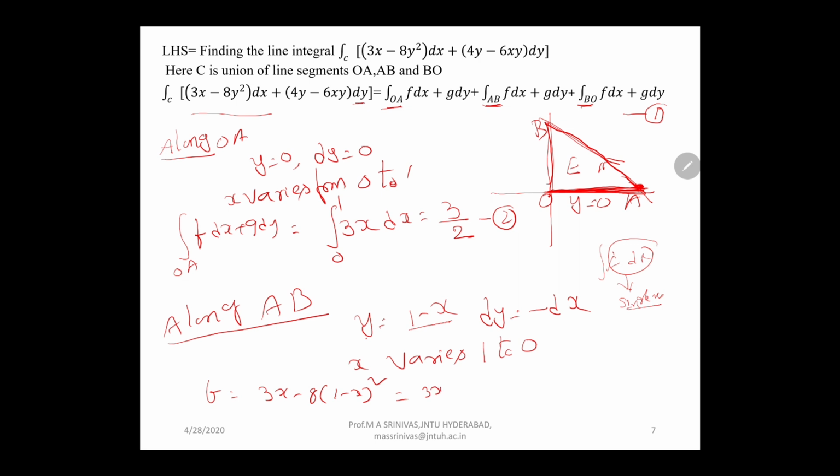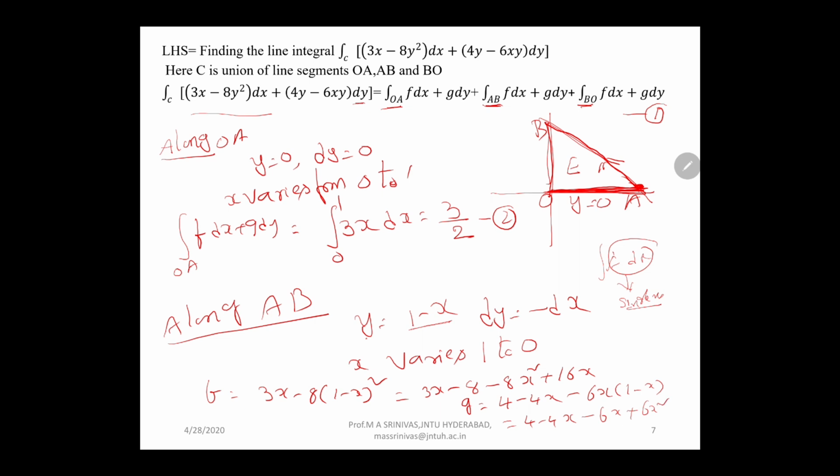This is 3x minus 8 minus 8x square plus 16x. That is my f in terms of x. Similarly, what is our g? g is 4y, that is 4 minus 4x, minus 6x into y, y is 1 minus x. If I simplify it, it is 4 minus 4x minus 6x plus 6x square. This is my f, this is my g.